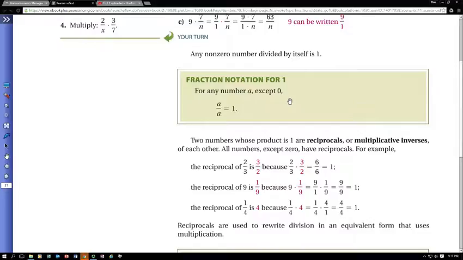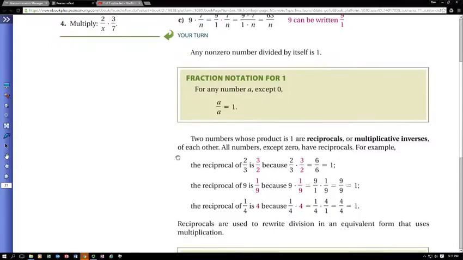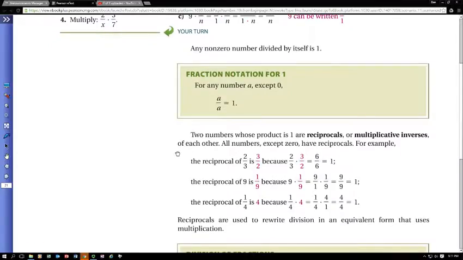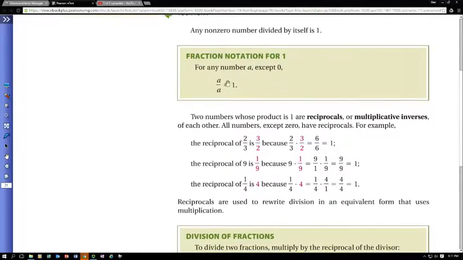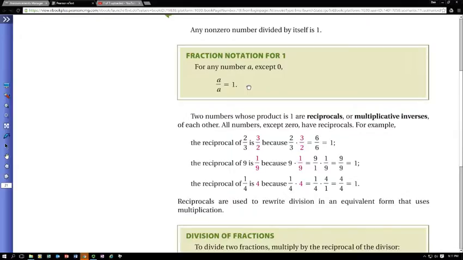It's very easy to do. It's called the identity, and there's an infinity of ways I can write that 1. All I need to do is make sure that the numerator and denominator are the same number, as long as it's not 0. They put that "except 0" there. So this is how to write 1 in fraction form, like I said. And they have to define that and say that it always works.